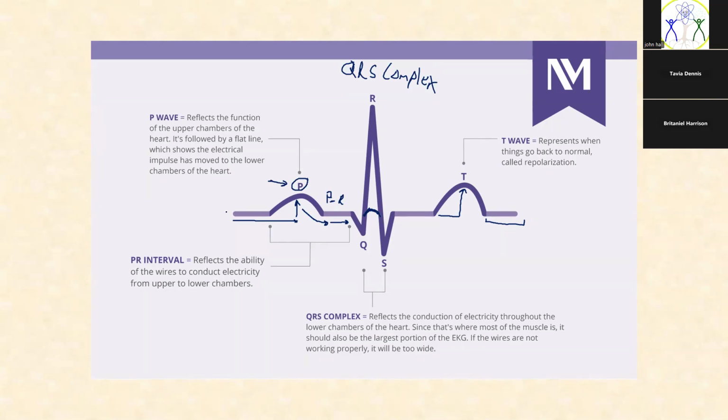It has to reach the end of the refractory period before it can receive another signal to contract. Okay, that is your trace. Okay, so P, Q, R, S, T are the major parts. Okay, and of course we have our PR interval and our ST interval here as well as minor parts.